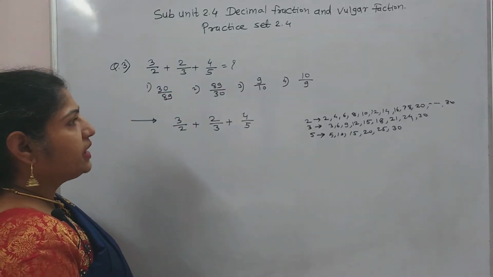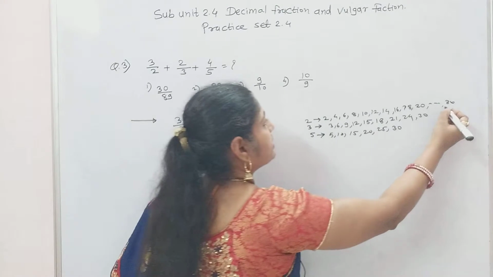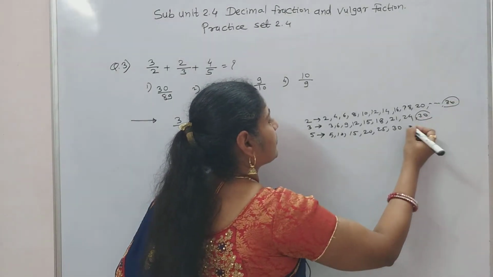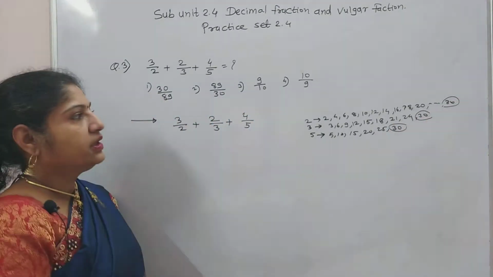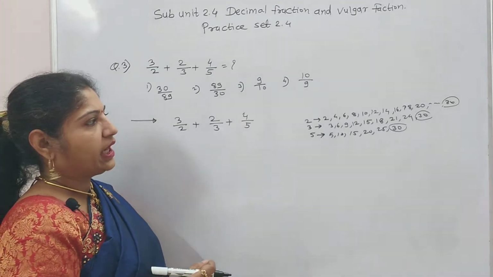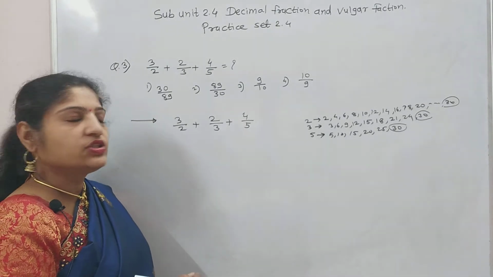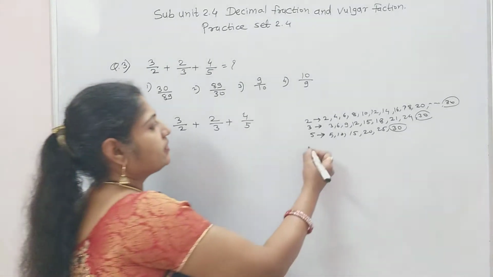Make the equal denominator, and 30 is the equal denominator. The table of 2, table of 3 and table of 5, 30 is the first common number, that is, the LCM is equal to 30.